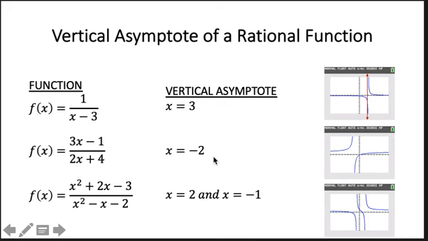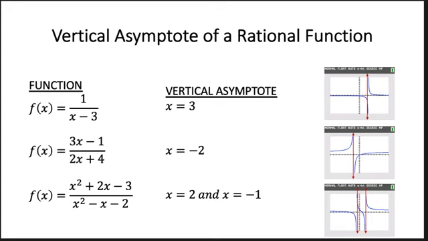And if you look at the example of the second function, where would that vertical asymptote be, and what would that look like? Well, it's this vertical line, x equals -2. And here we have two of those lines. First is x equals 2, and then we have x equals -1. Okay, so that's basically what's going on with the vertical asymptotes.